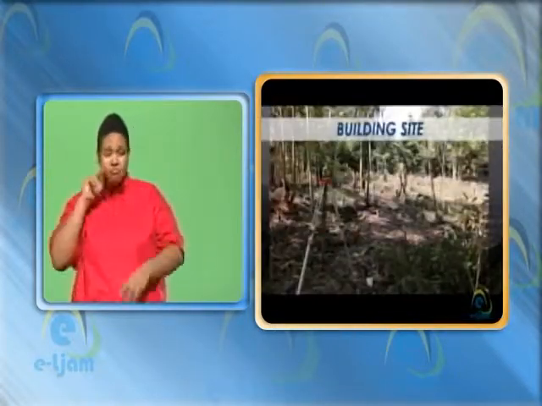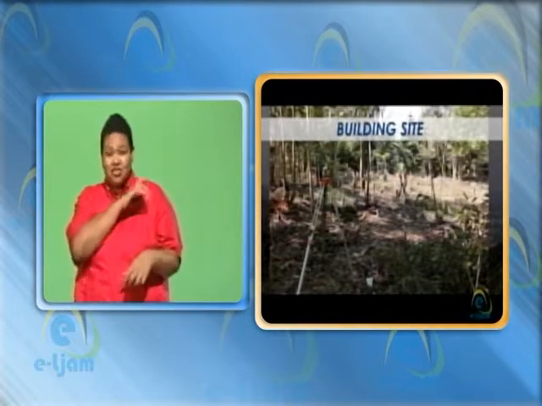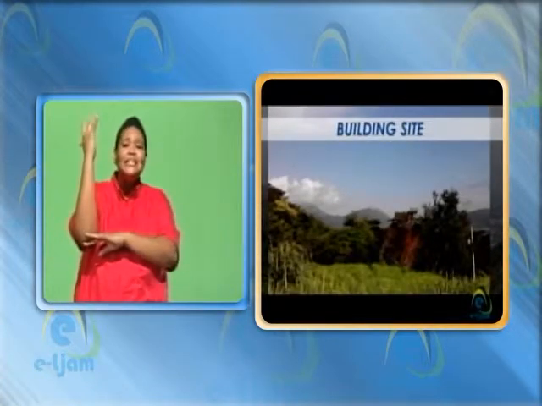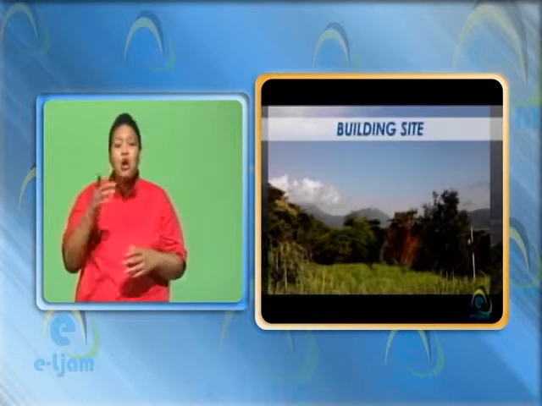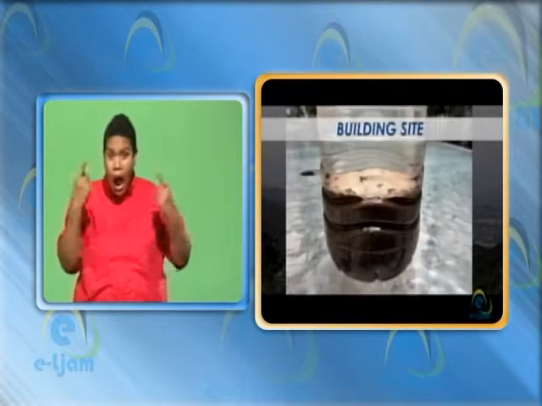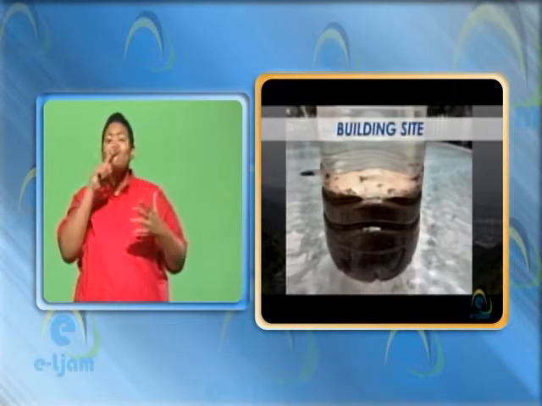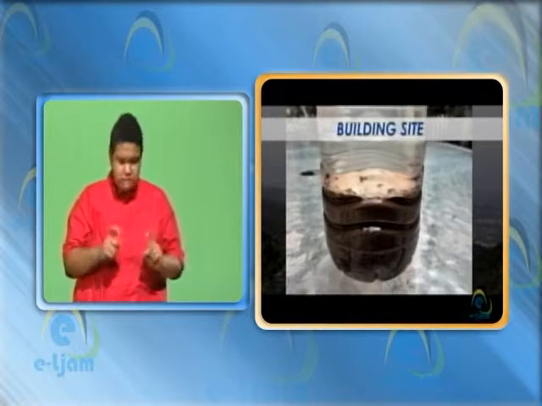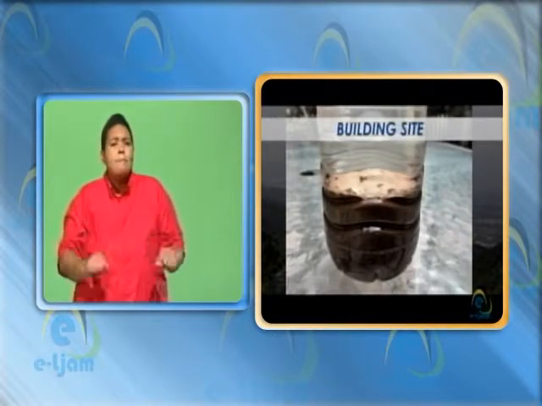Observation of surface characteristics, for example, trees, steep slopes, overall terrain. 4. Consideration of the site for flooding potential. And 5. Conducting soil tests to determine the nature and load-bearing capacity of the soil.